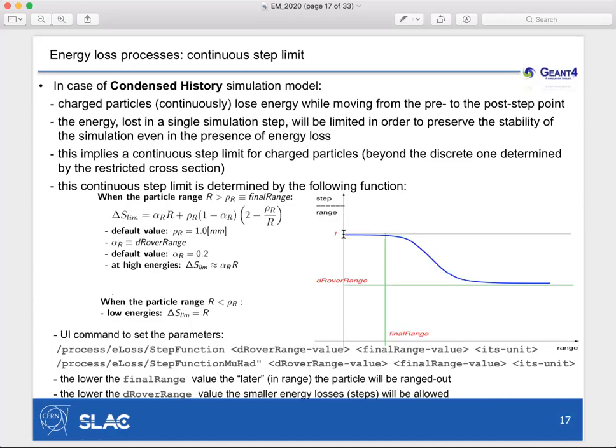So there is this smooth transition, and this function makes sure that the charged particles will be nicely and automatically ranged out at the end of their tracking.